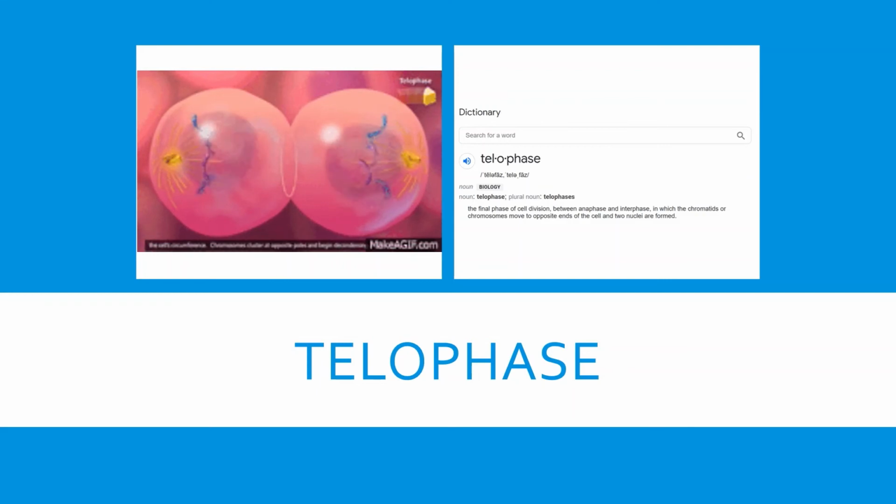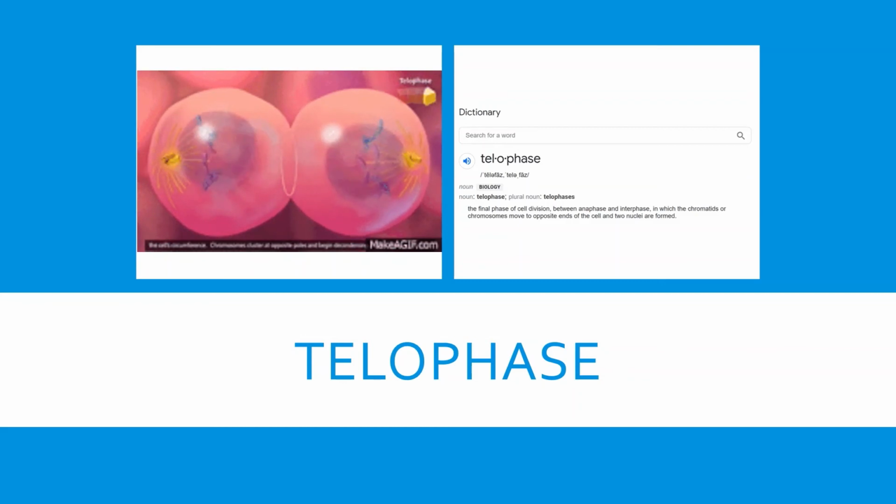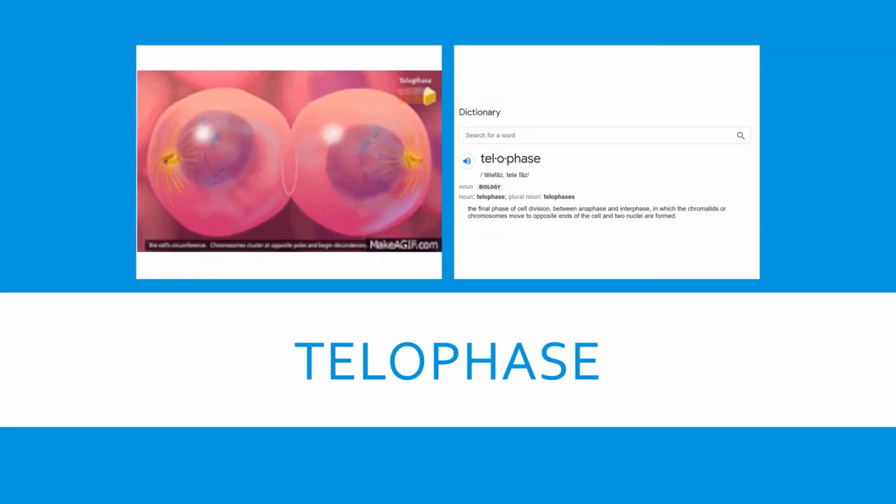And then the last part is telophase, which is basically once those sister chromatids were ripped apart and pulled to either one side of the cell or the other, the nuclear membrane, so the nucleus, reforms around those now single-times DNA. So again, we started with double the amount of genetic information in one cell.